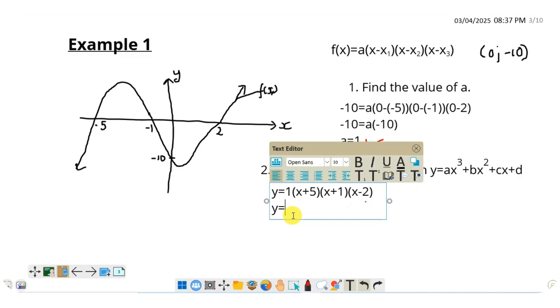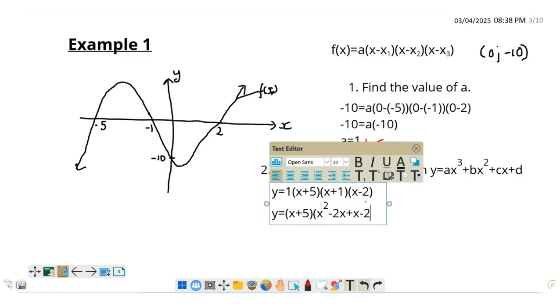I start with the first two brackets, (x plus 5)(x plus 1). X times x is x squared, x times 1 is positive x.